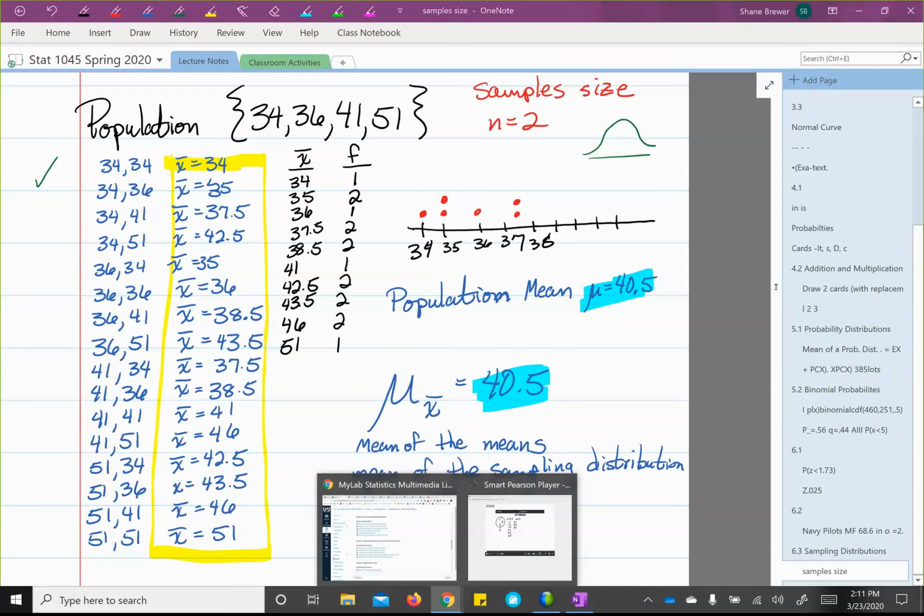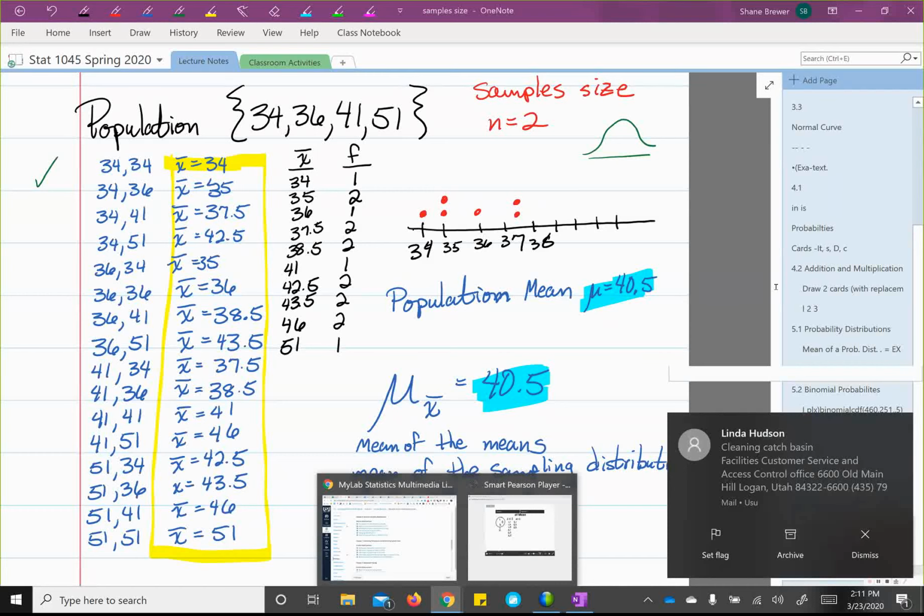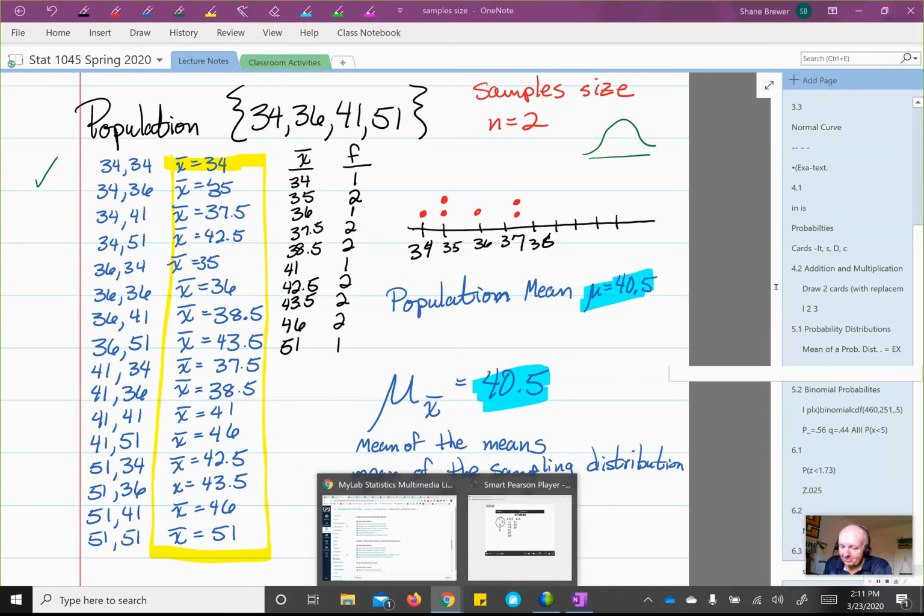So follow those deadlines in MyStatLab. But this test you've got to get done and out of the way because we are moving on to Chapter 6, and we're going to have a Chapter 6 test before you know it. Friday, the 27th, usually at midnight.